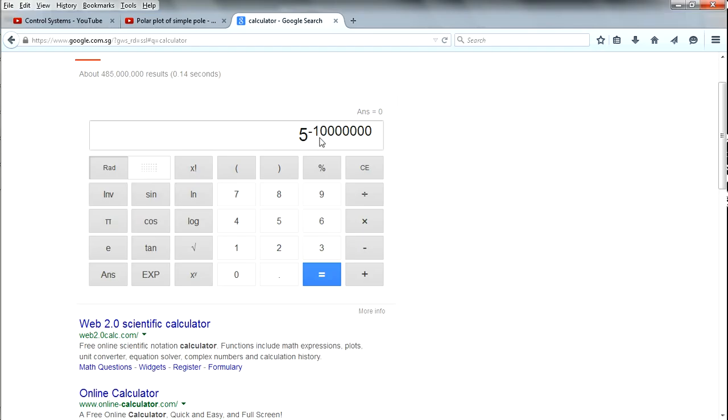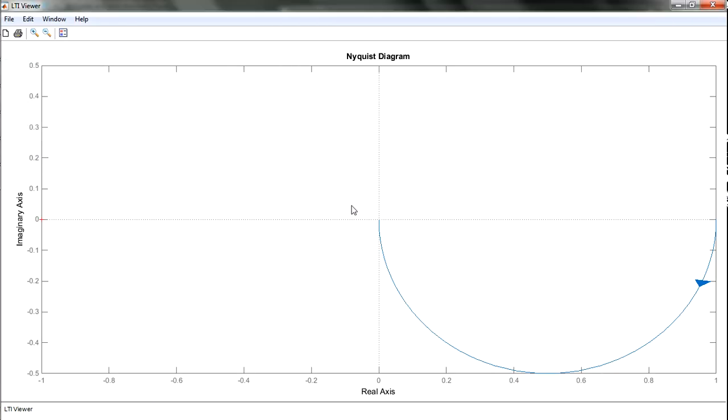I just put any number to the negative. As you can see, we are going to 0. So this proves that the real and imaginary are at 0. So it's back to the origin. It goes one round back to the origin.